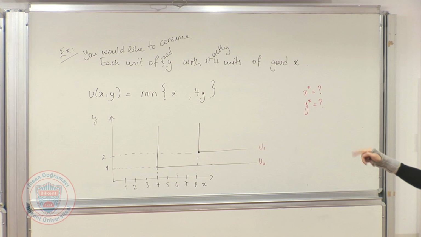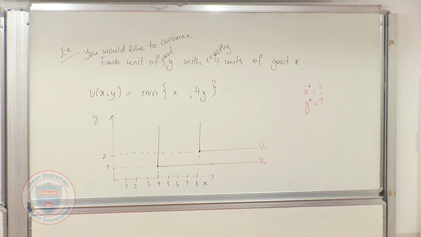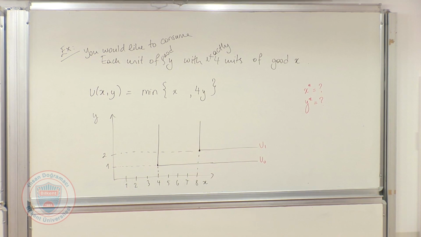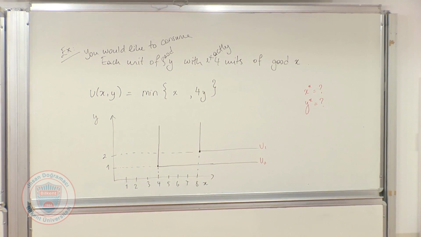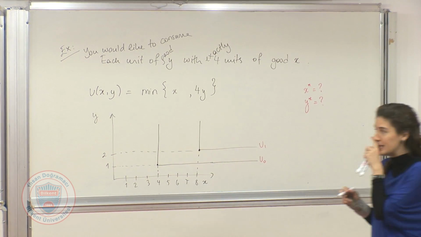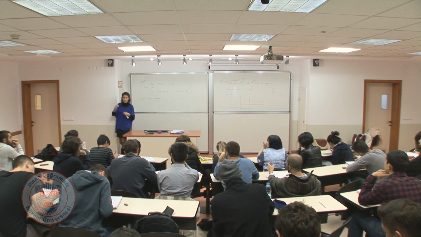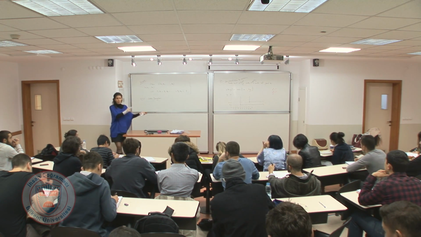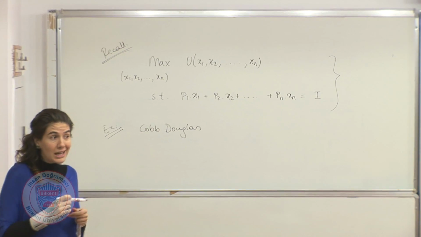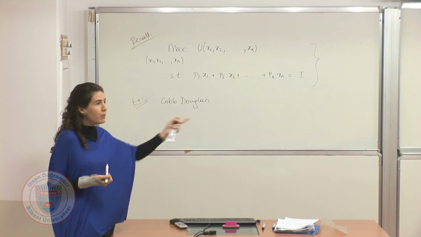Can I use our method, Lagrangian, here? Yes, no, maybe? No, why not? Whenever we wrote down the Lagrangian, we were taking derivatives. But what are we going to do here?